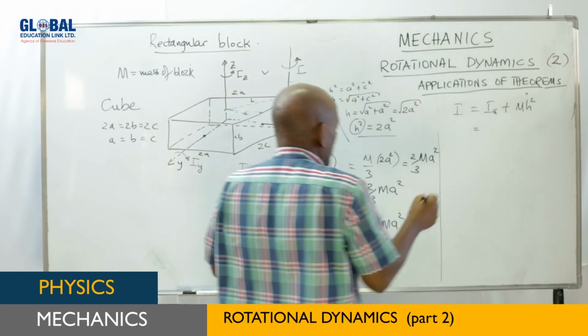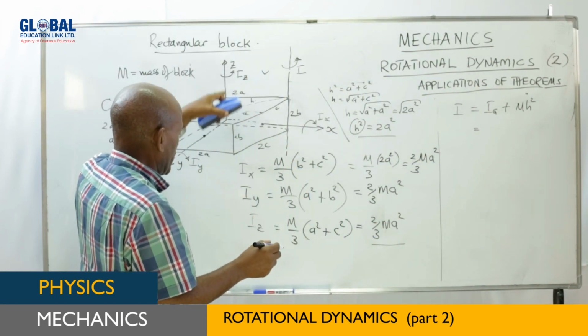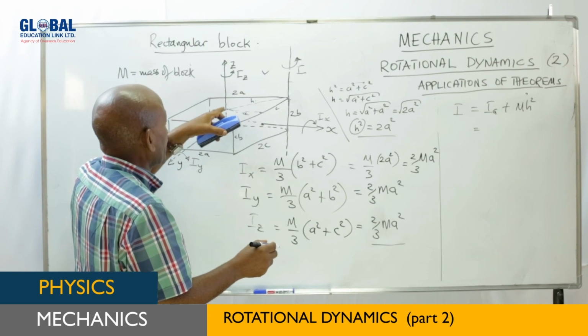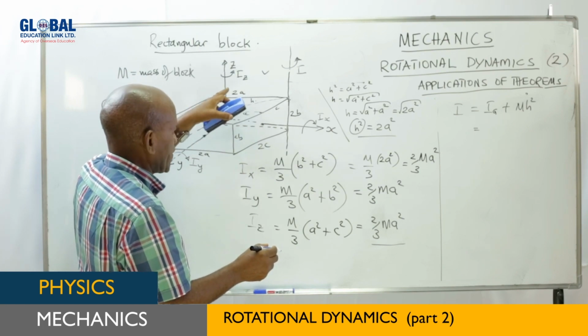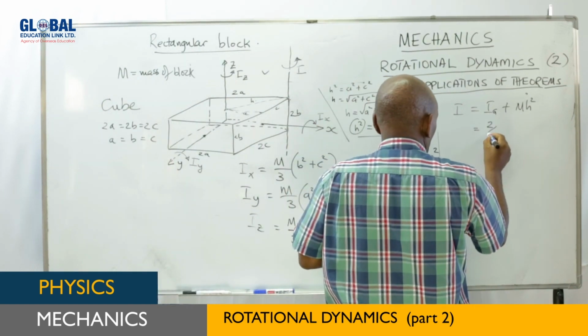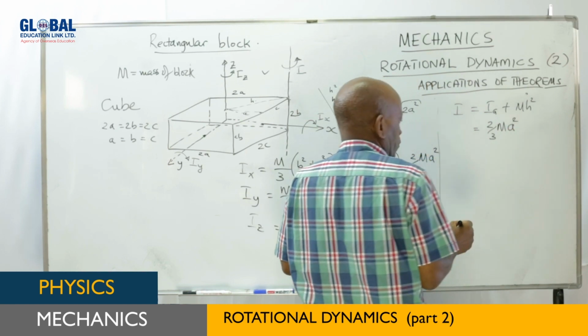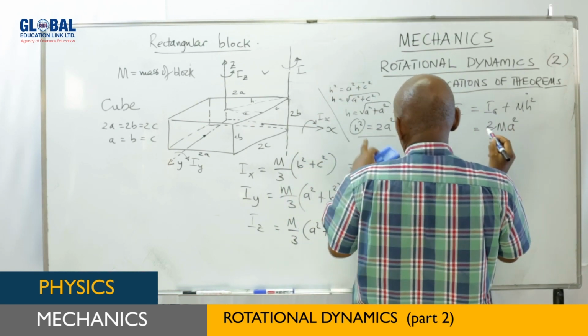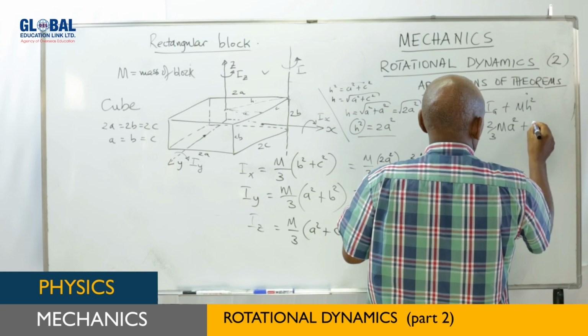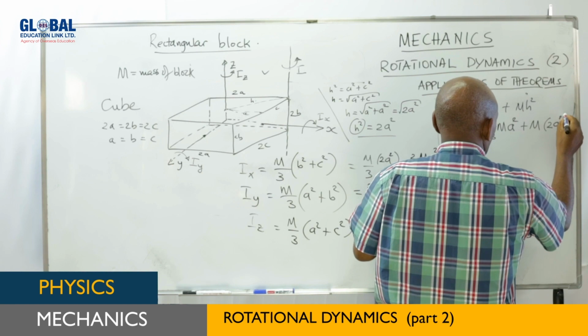Now the moment of inertia passing through G, which is the moment of inertia through the z-axis, if it is a cube, is equal to 2 over 3 m a squared. And h squared is equal to 2a squared, so we add m times 2a squared.